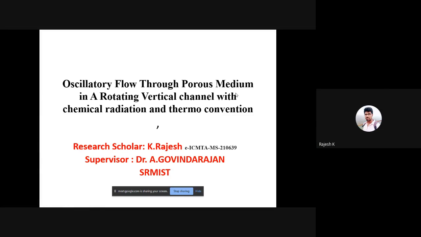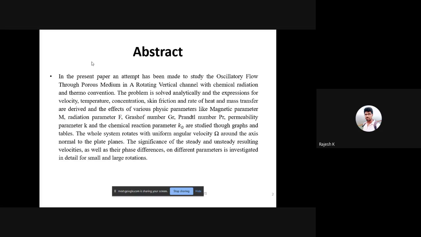I'm K. Rajesh, a full-time research scholar under the guidance of Dr. A. Govindarajan, Professor and HOD. My topic is oscillatory flow through porous medium in a rotating vertical channel with chemical radiation and thermoconvection. In this paper, an attempt has been made to study this flow.